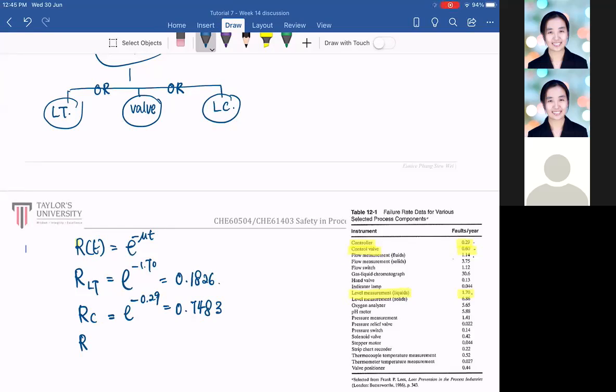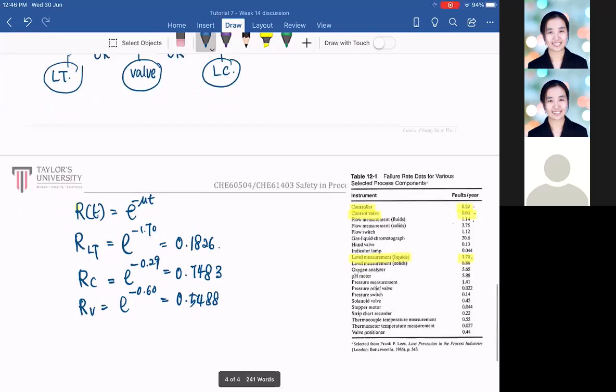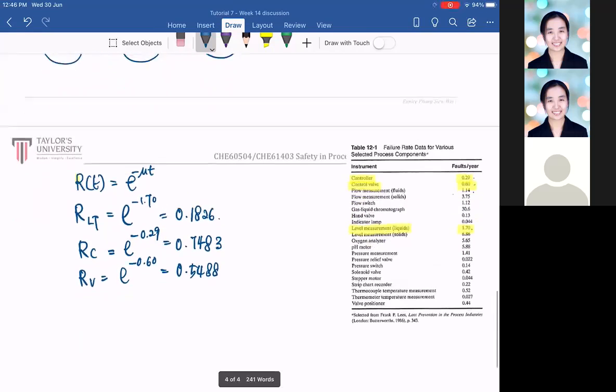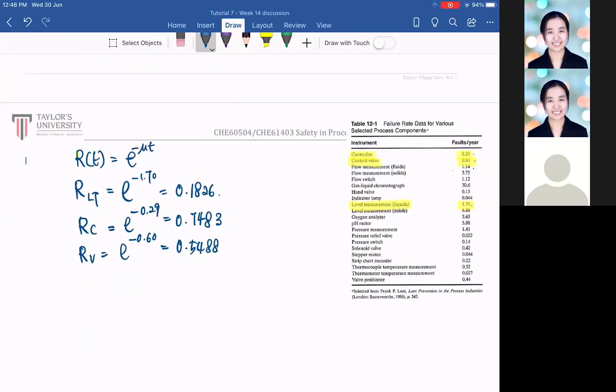And then the valve, 0.5488. So when we say it is an OR gate, what happens is that the reliability goes down.